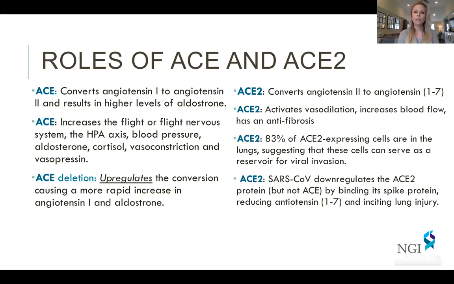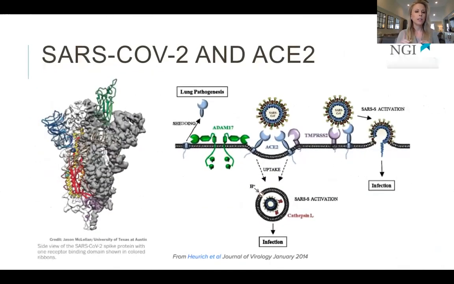The other thing is that this particular virus actually downregulates ACE2 expression, which means all those wonderful anti-inflammatory things aren't going to happen when the virus is entering the cell. So it's putting you at more risk of lung injury. So that's what we're seeing. So we're going to go through the pathway a little bit. But first, as I promised, there's a really cool picture of how the virus is entering into the lungs.